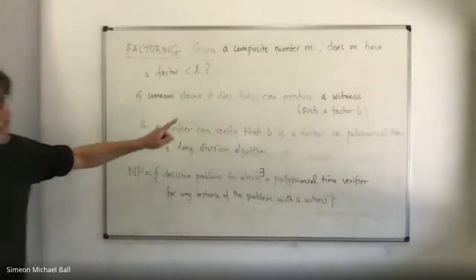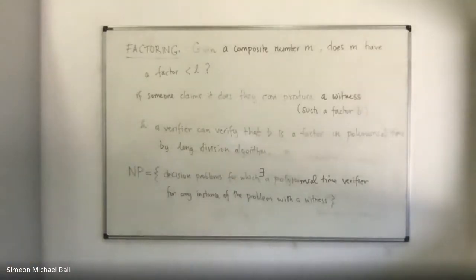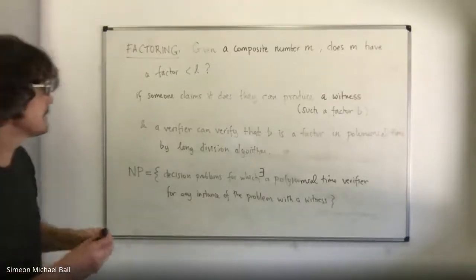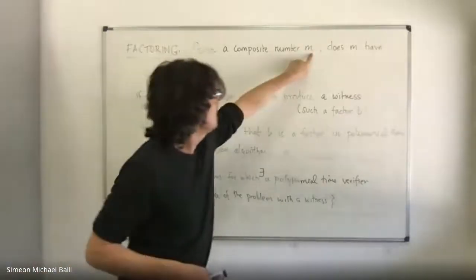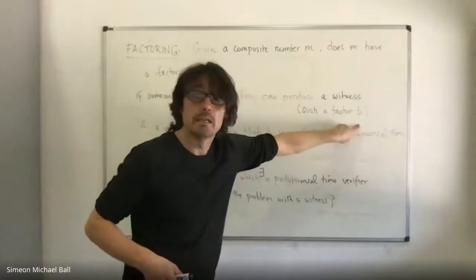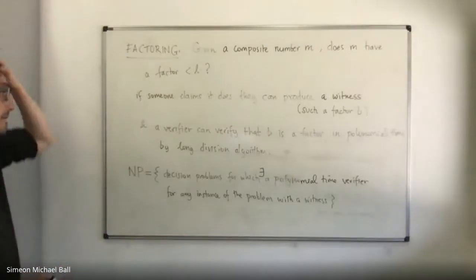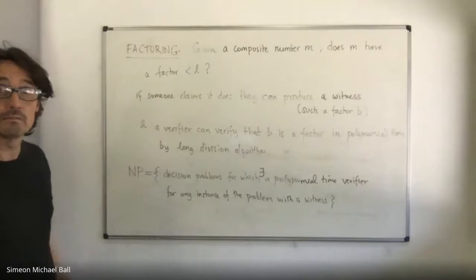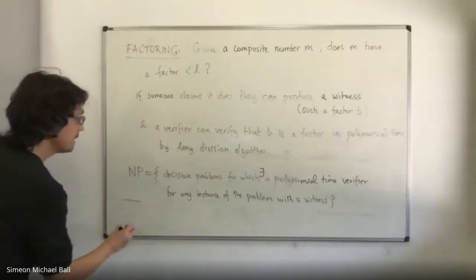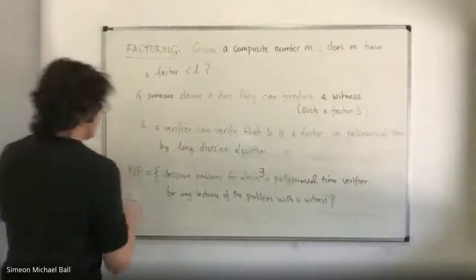The decision problem has a polynomial time verifier: given any instance of the problem and a witness. In this case, the instance of the problem will be a number n, and the witness would be the b, and the verifier can simply check in polynomial time whether it is indeed a factor or not. So factoring is in NP.